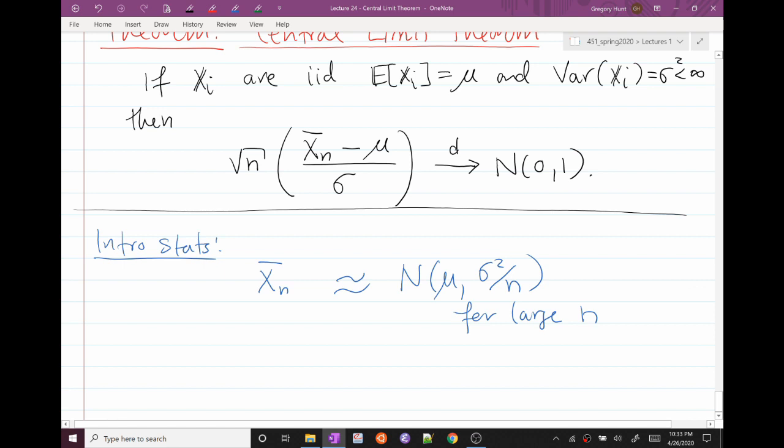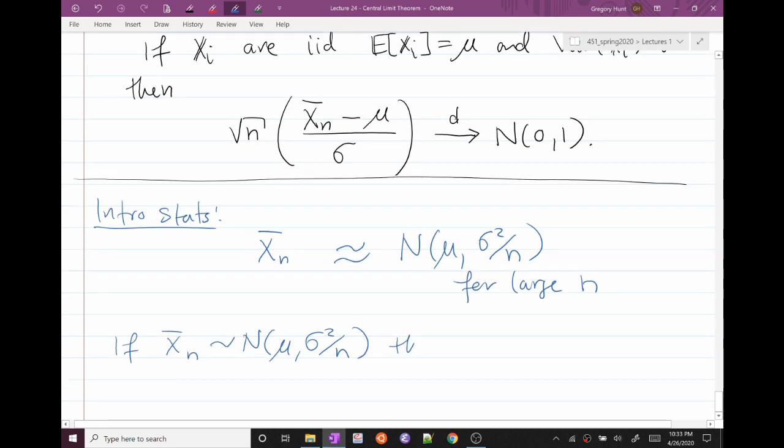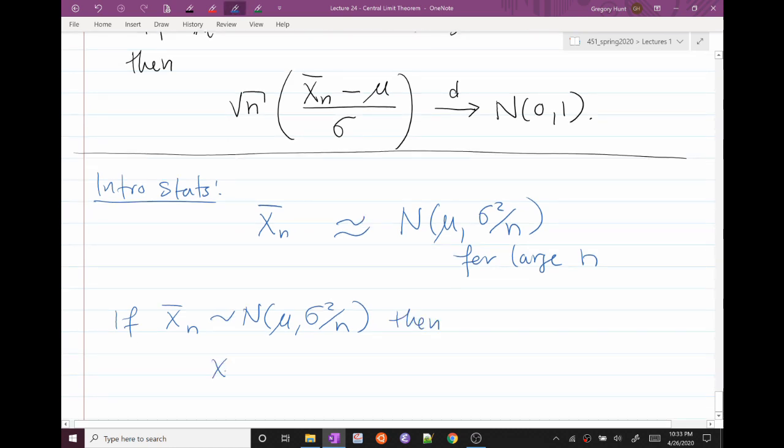Notice that if Xn bar were distributed normal mu, sigma squared over n, then if we looked at Xn bar minus mu over sigma times root n, that indeed would be a normal 0, 1. So that's where the form comes from. You could also move the root n and say sigma over root n, which some people like.